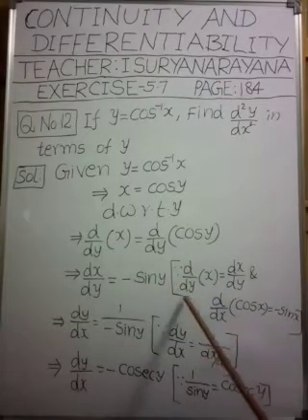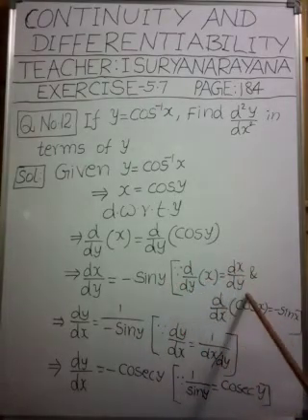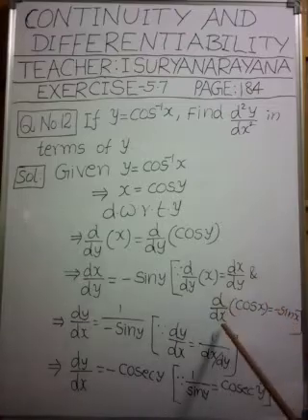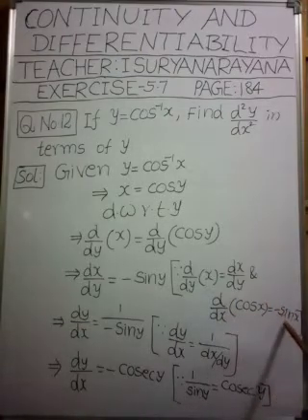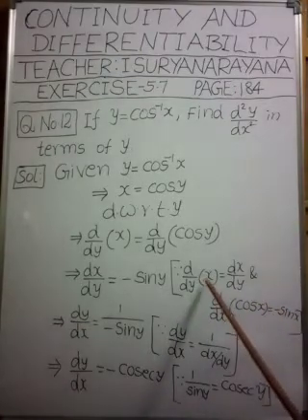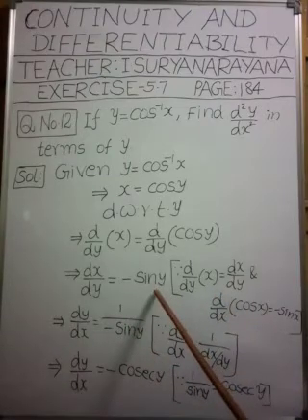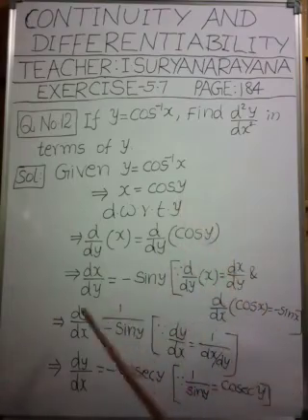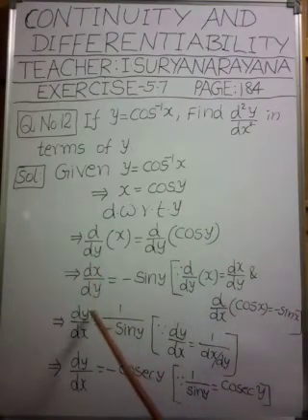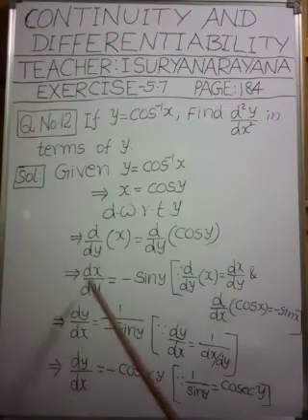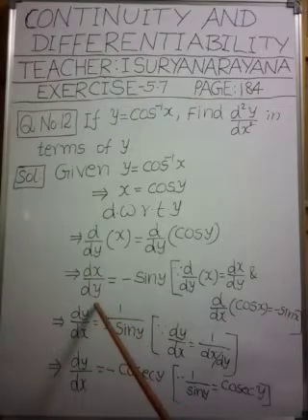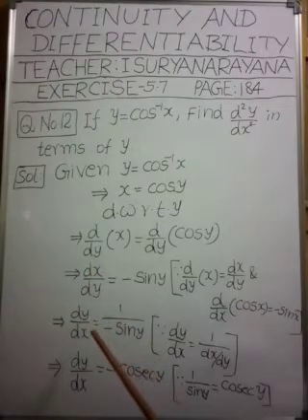Because d by dy of x is equal to dx by dy and d by dx of cos x is equal to minus sin x. We are using these two results to get this step. Understood this step, my children? Right. This implies dy by dx is equal to, here in LHS dx by dy is there. So we are finding dy by dx.